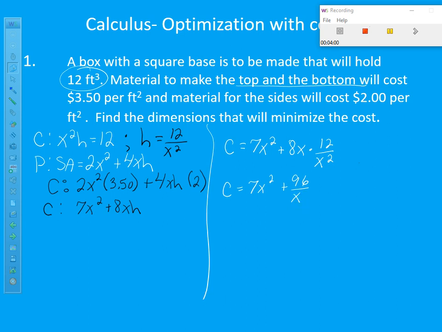Now we'd like to minimize it or maximize it, so let's find the derivative and set it equal to 0. So I've got 14x minus 96 over x squared. I'm going to move the 96 over x squared to the other side.